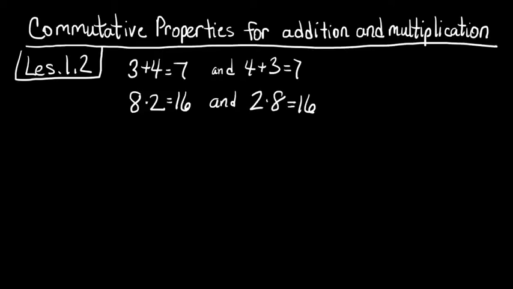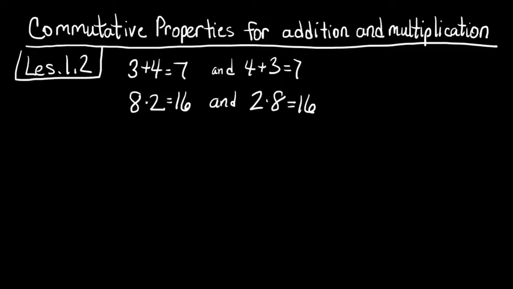So when we come to algebra and we start to see the fancy way of writing numbers and variables, those letters that could stand for different numbers that we put in them, the same thing applies.